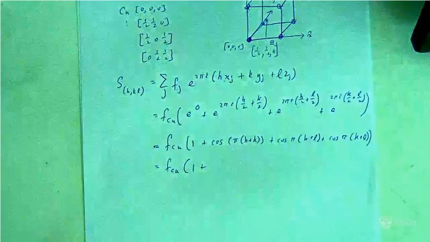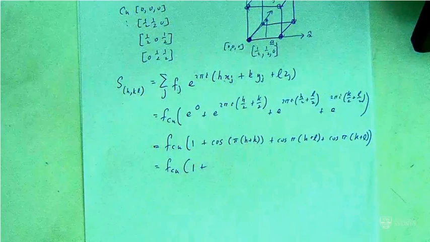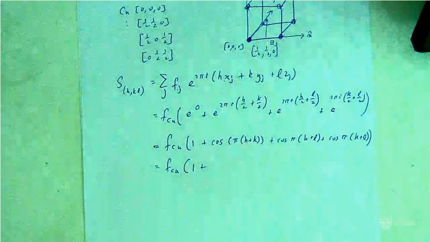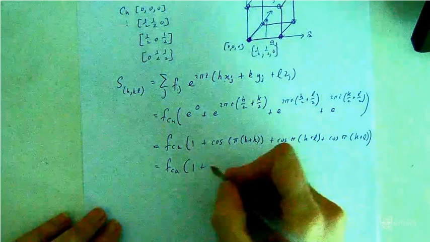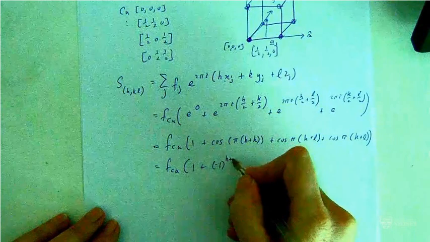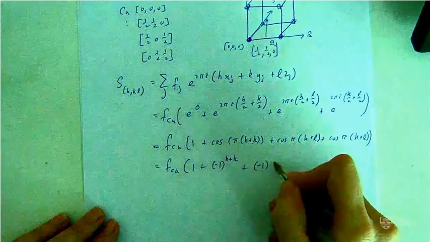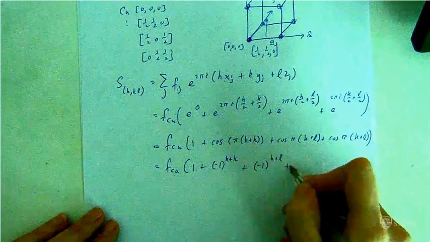When you've got an integer multiplied by pi, the cosine just alternates between 1 and minus 1, depending on what that integer is. So we can write it as (-1)^(H+K). The other one will be (-1)^(H+L), and the other (-1)^(K+L).